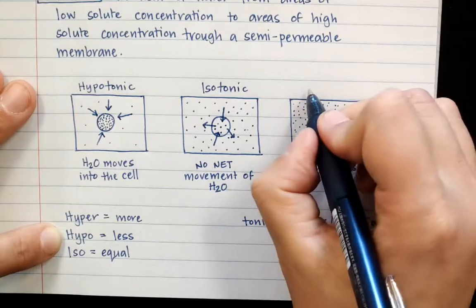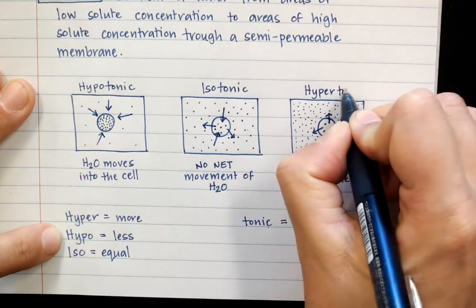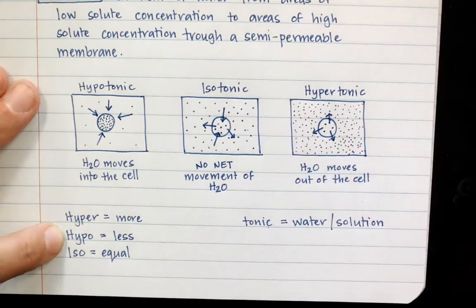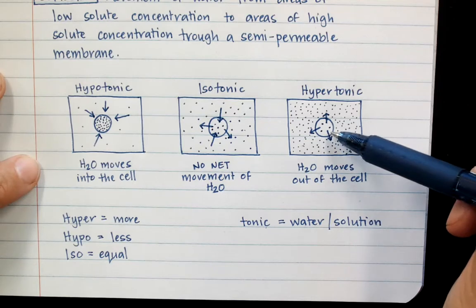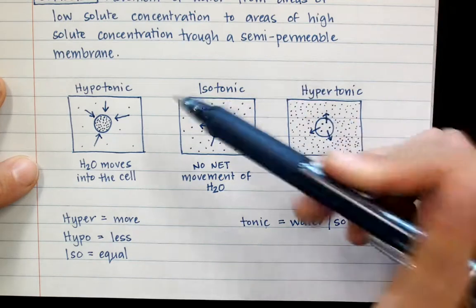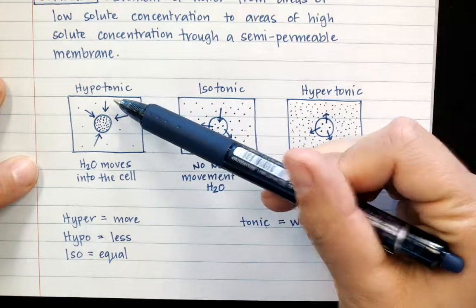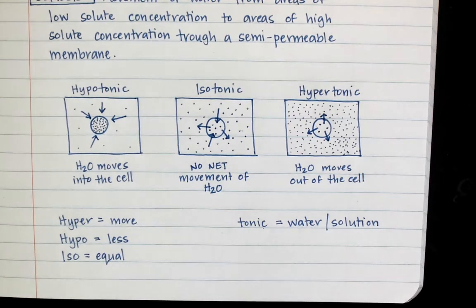And this is a hypertonic solution. So you should be able to tell me which way water will move into or out of a cell if it's placed in a hypertonic solution, an isotonic solution, or a hypotonic solution. And that's all.